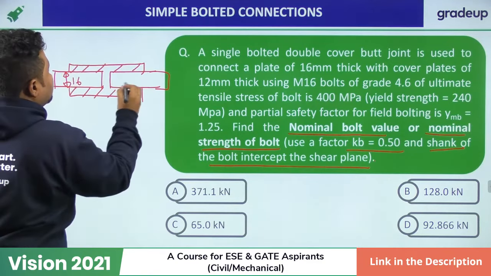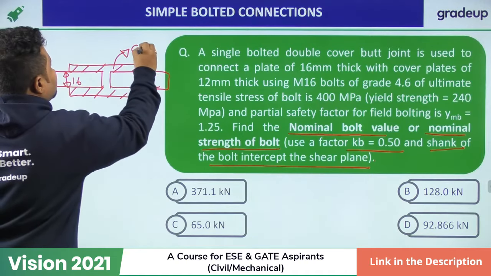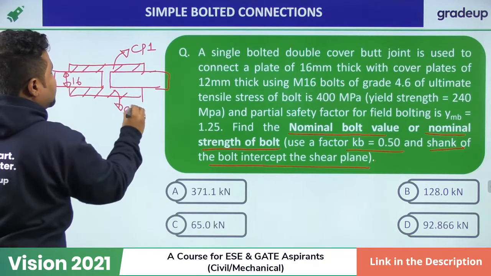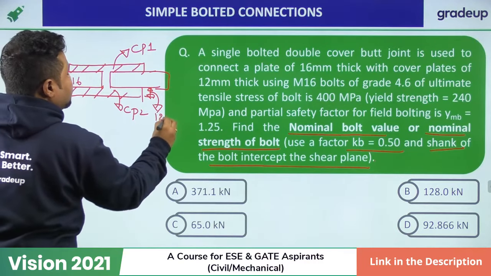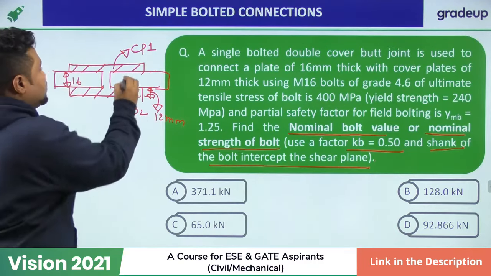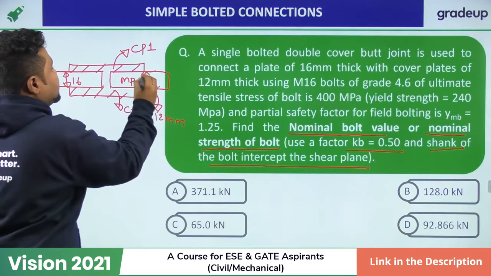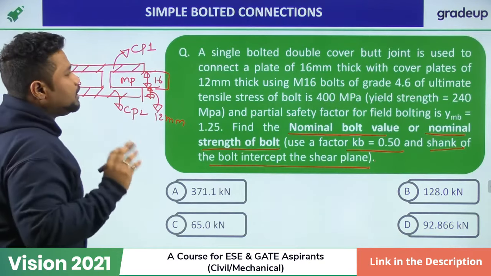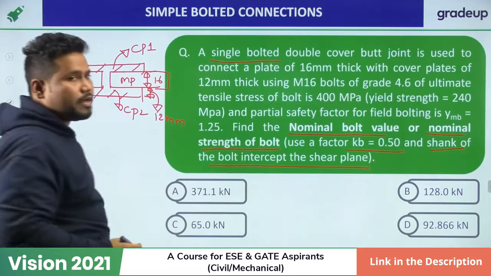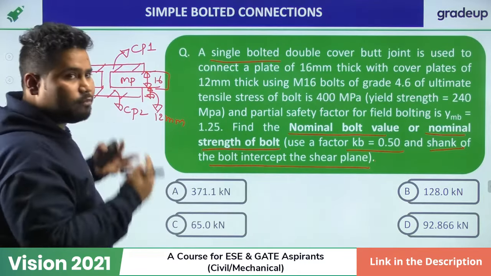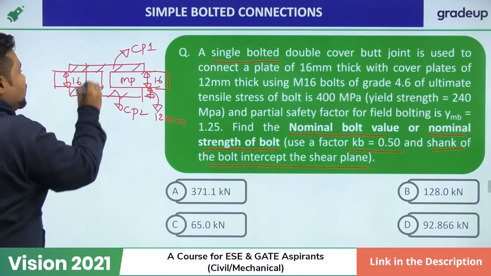This is cover plate 1 and this is cover plate 2, with a thickness of 12 millimeter. This is the main plate with a thickness of 16 millimeter, and they are connected with the help of a single bolted connection, that means there is only one bolt line.